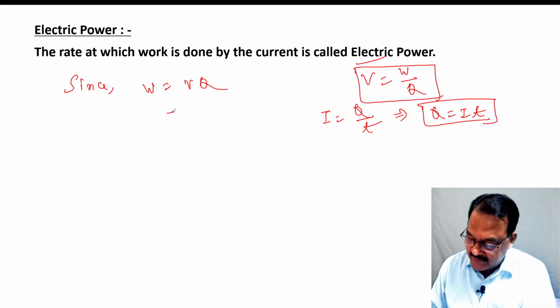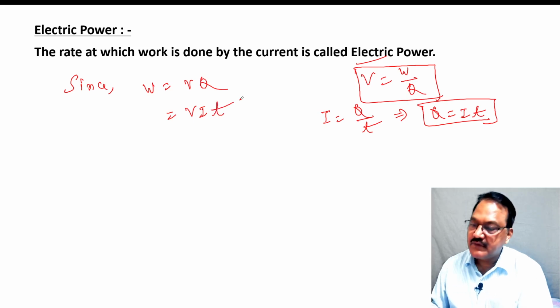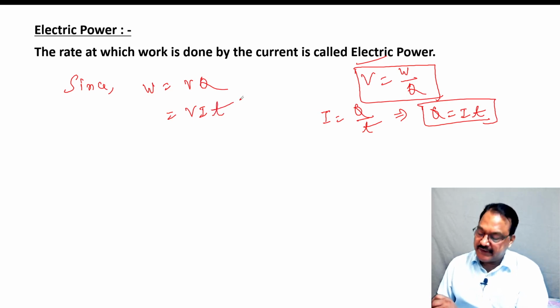So we can write W is equal to V I T. We have already calculated here.